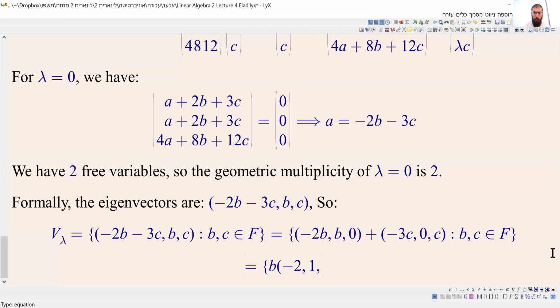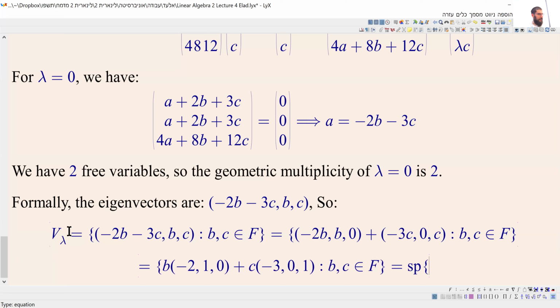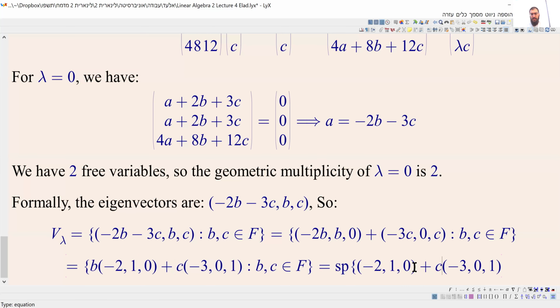We have minus 2, 1, and 0, and minus 3, 0, and 1. So by the definition of span, the space V lambda is spanned by these two vectors. Every vector in the space is a linear combination of these vectors.